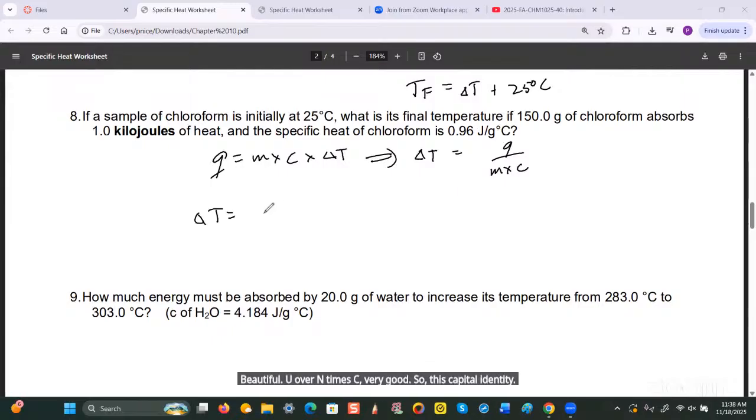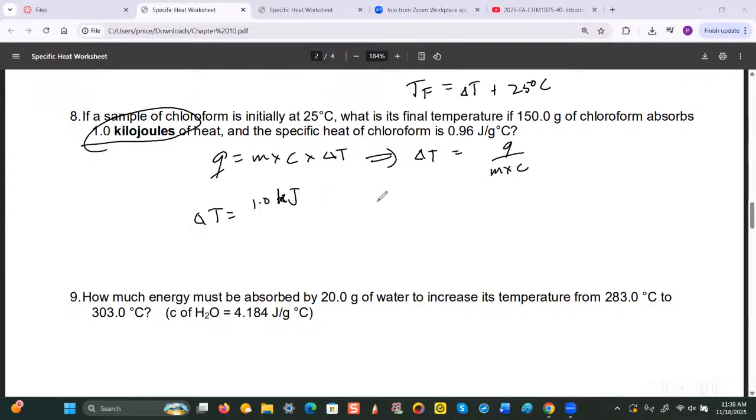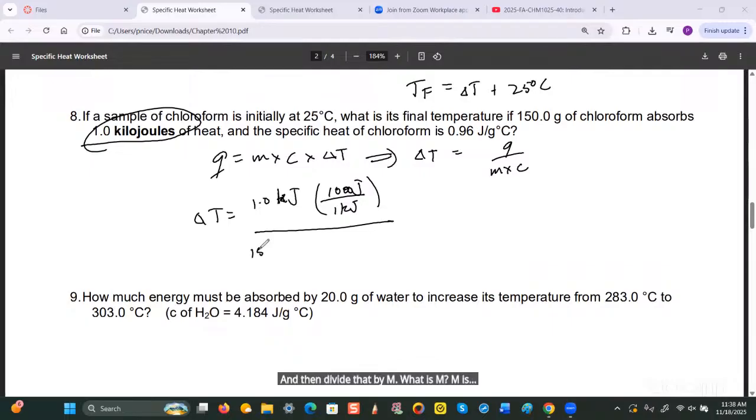Q is what? 1.0 kilojoules, right? What I would do is convert that to joules. So 1 kilojoule is equal to 1,000 joules, right? And then divide that by M. What is M? M is 150.0 grams times C, which is right here, 0.96 joules per gram degrees Celsius, right?